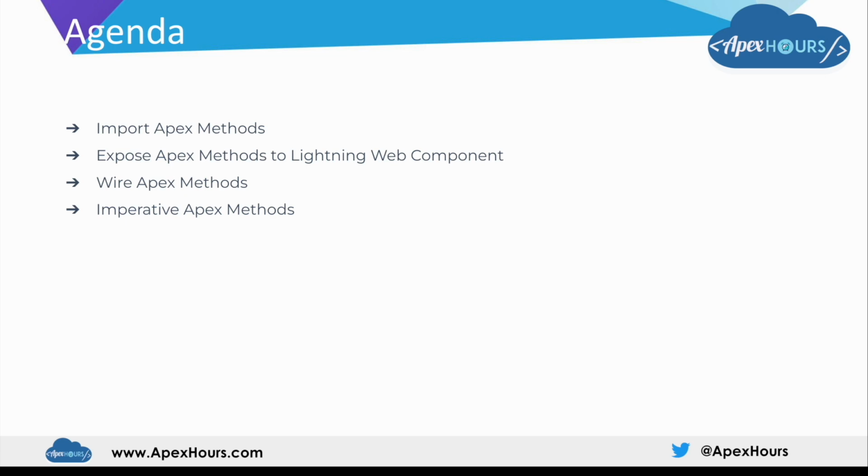You can choose to wire it, or you can use the imperative callout. What is the difference between wire and imperative callout? From our previous session, you already know how wire service works, how we can wire something with a property or function, and when we should wire a property or wire a function. About imperative callout and what are the differences when you should use the imperative instead of wire, we will learn in this video.